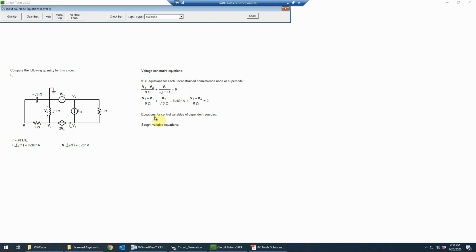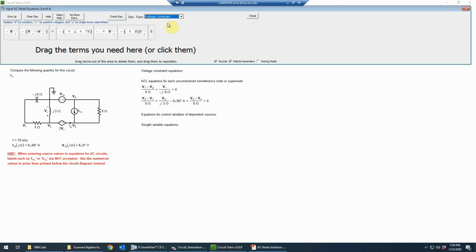We'll also need to find the equation for the control variable of that dependent source, which is a voltage-controlled voltage source. In other words, we need to find an equation for Vx. And finally, we need a solution variable equation for the solution variable, which in this case is this current I0, which is that of the dependent voltage source, coming out of the positive terminal. Okay, so let's go ahead and do that.